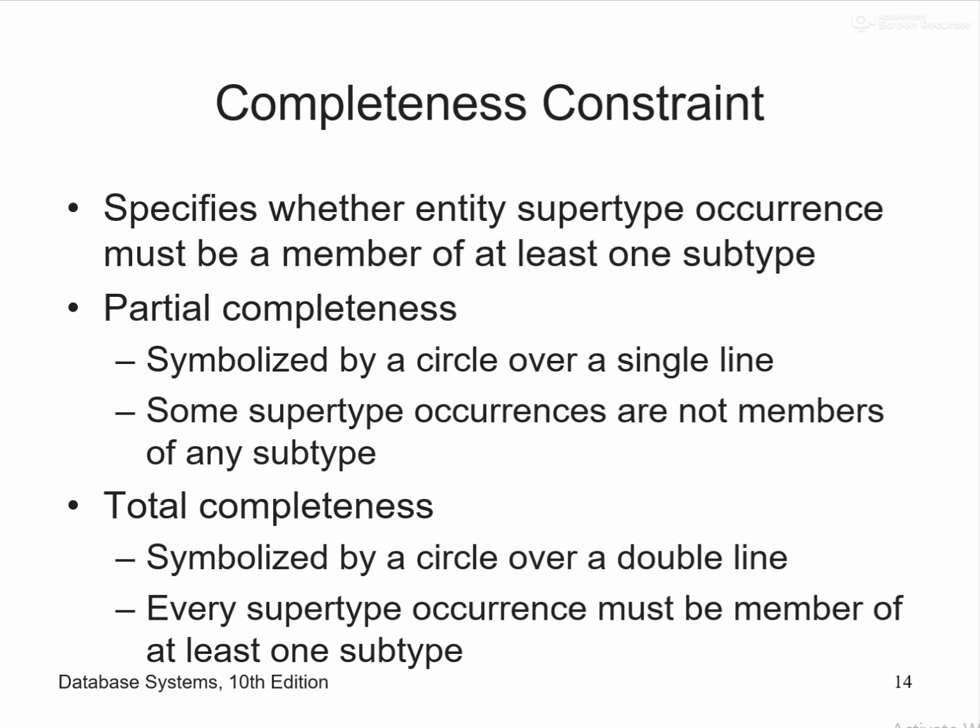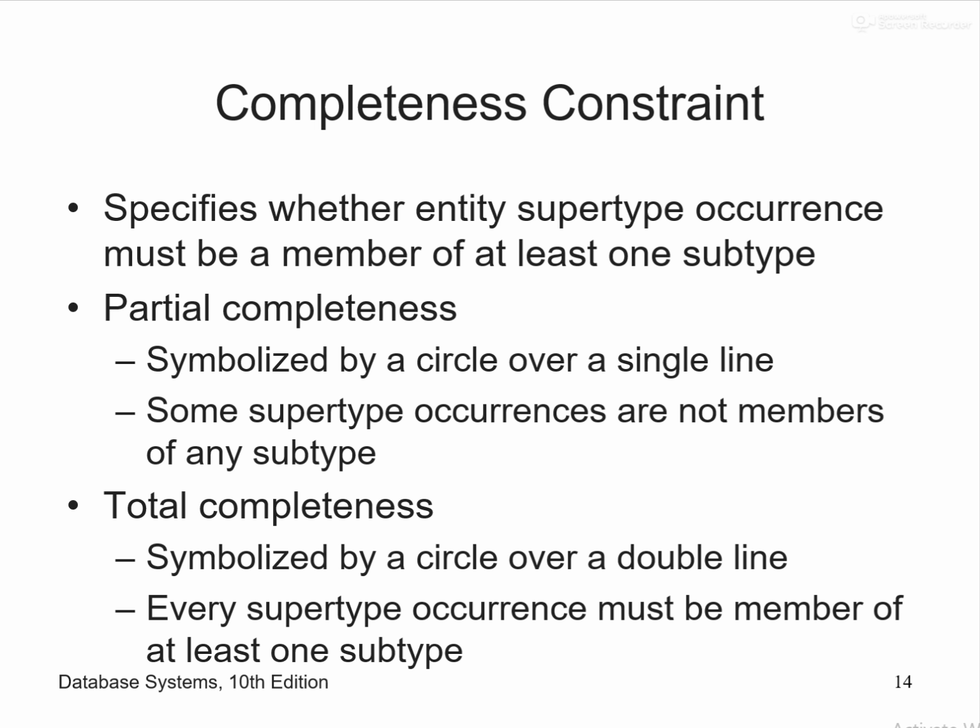Then we have the completeness constraint. So the completeness constraint represents whether each entity supertype occurrence must also be a member of at least one subtype. The completeness constraint can be either partial or total completeness.